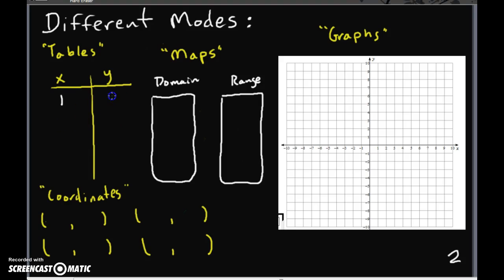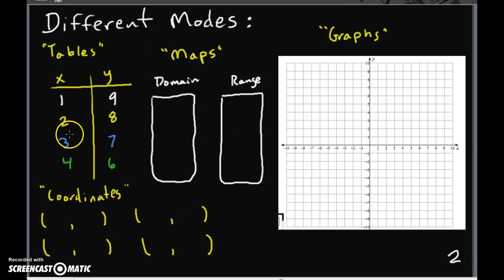Let's say X is 1, and when X is 1, Y is 9, and when X is 2, Y is 8, and when X is 3, Y is 7, and when X is 4, Y is 6.